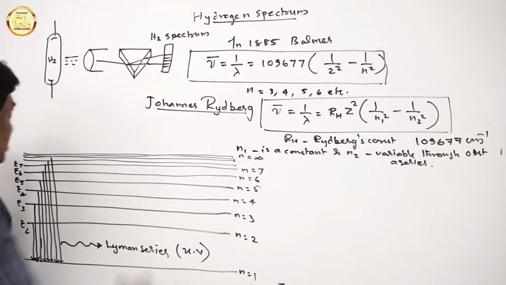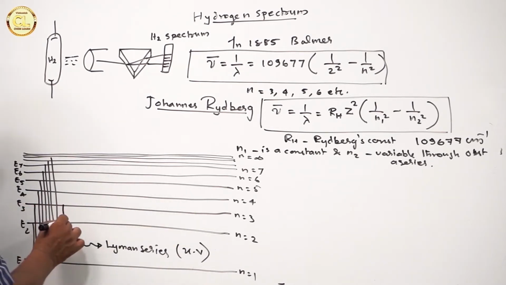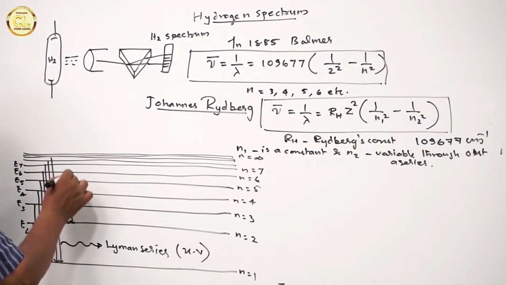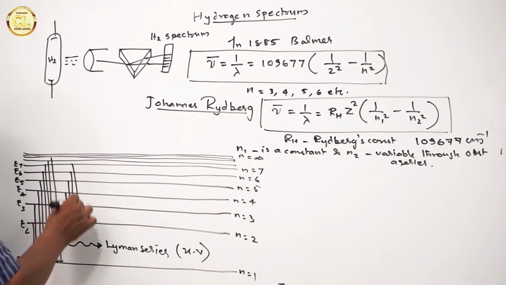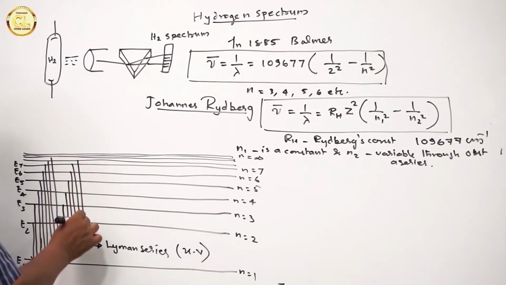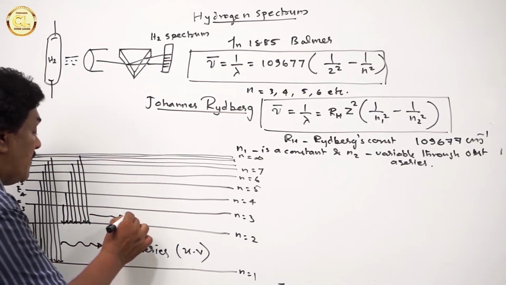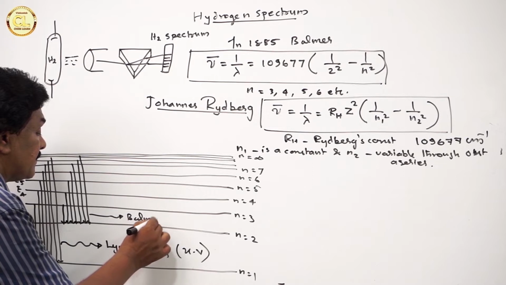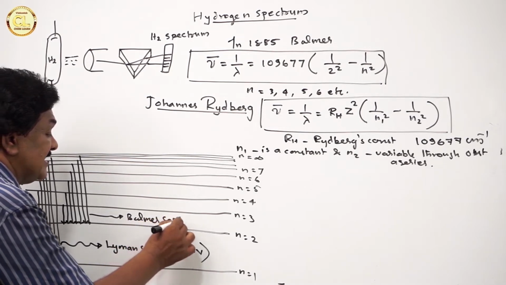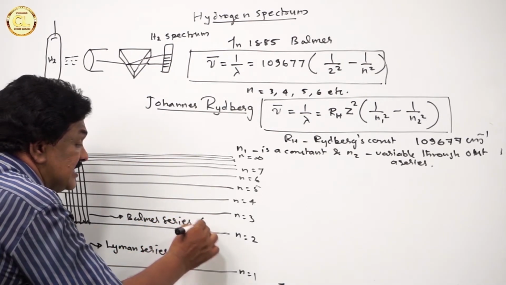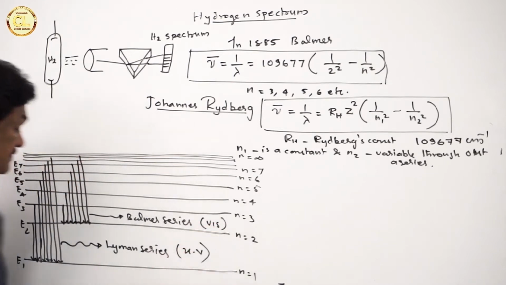If the de-excitation takes place from third to second level, fourth to second level, fifth to second level and so on, then a series of lines is produced and that series is called Balmer series. That series is obtained in the visible region.